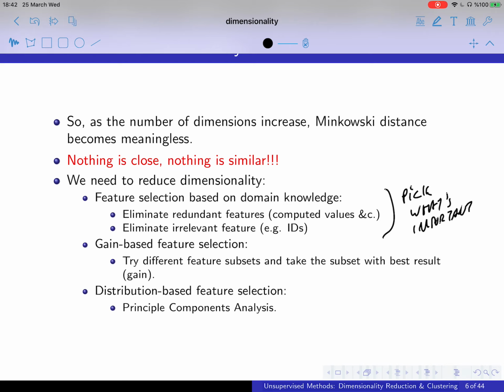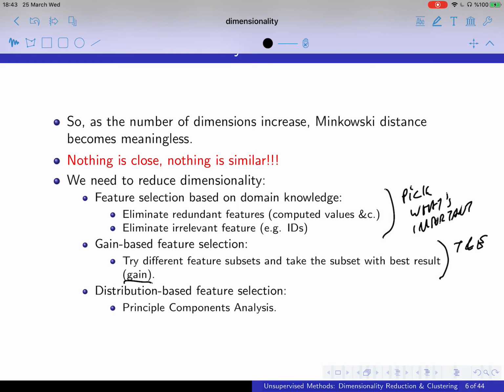Another way is essentially trial and error, gain-based feature selection. So you build a classifier or a cluster, and you pick different subsets of features and see how well they classify your data, or alternatively how well they cluster your data, and you pick the one that has the best results, namely the best gain.